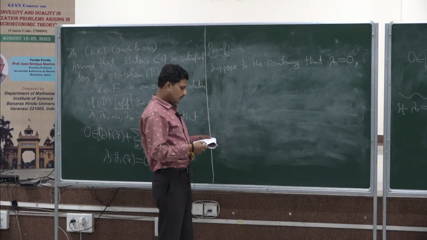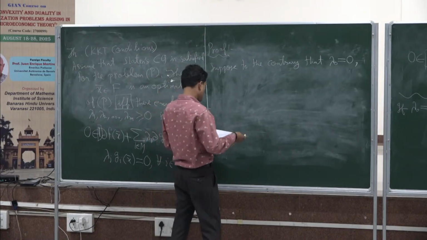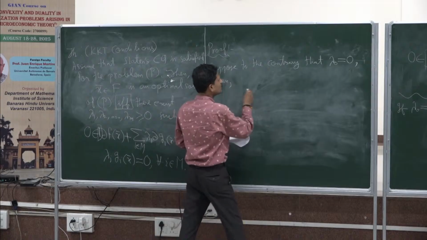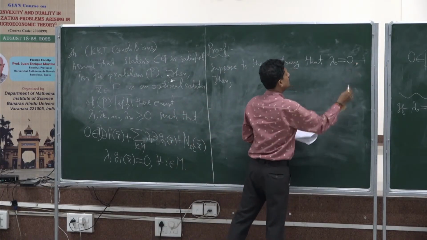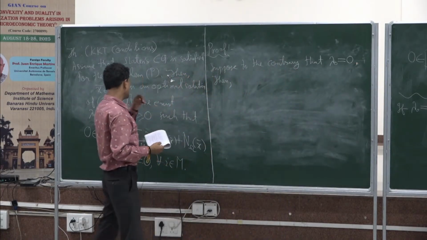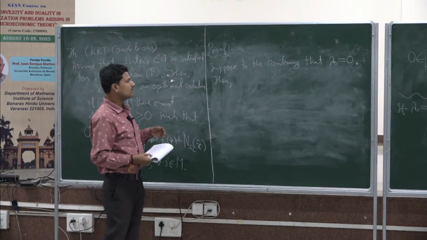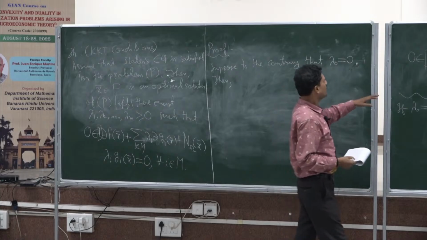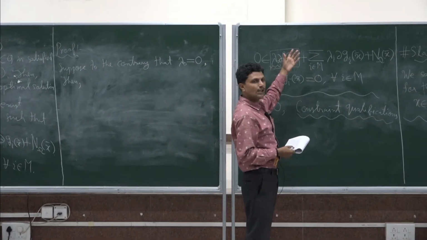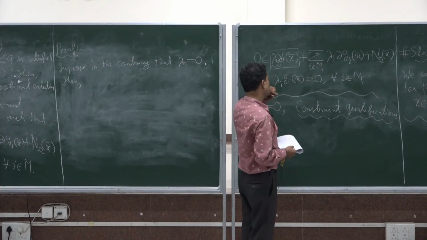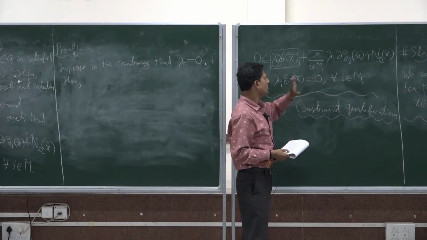So if lambda naught is equal to 0, then what will happen? From this condition, because all the other conditions are the same except Slater constant qualification, this 0 will belong to this set.